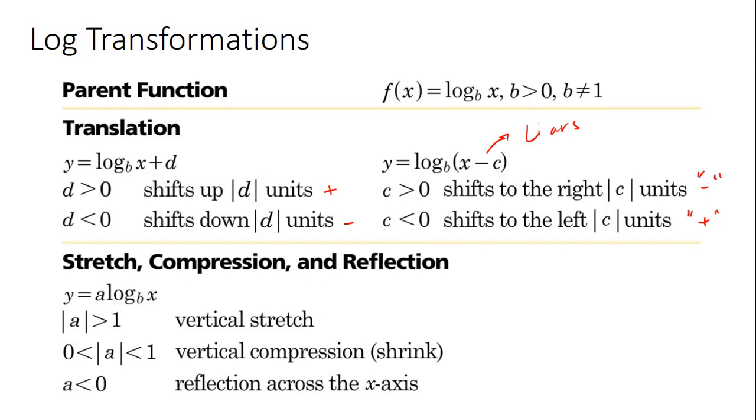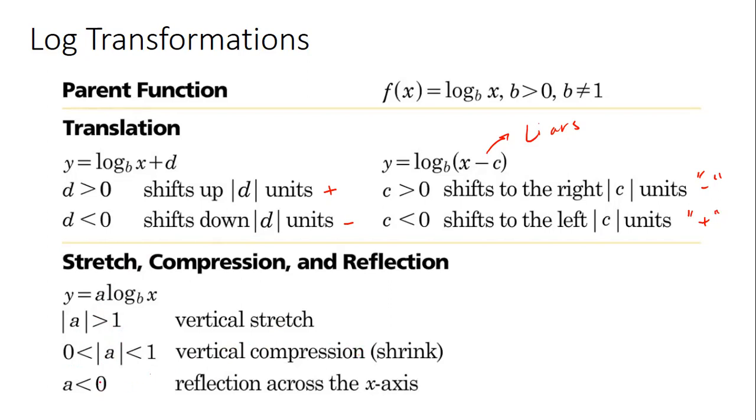All right. Last piece is our A. That's our stretch, compression, and reflection. Okay. A tells us a lot. The absolute value of A, so whether it's negative or positive is irrelevant, but if A is greater than 1, that's going to be a vertical stretch. If the absolute value is between 0 and 1, it's going to be a compression.